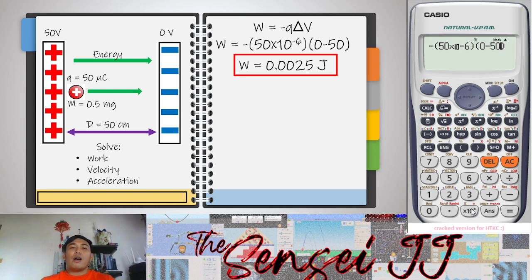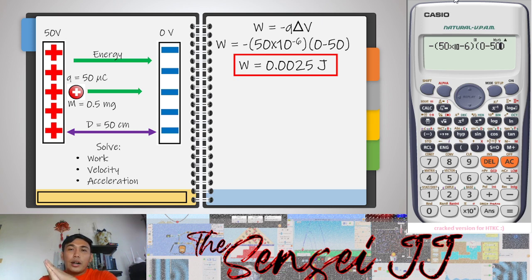We have here our first position, or our point A, to be our positive charged plate. The direction is going from positive to the negative charge, which means our second or final position will be at the negative charge plate, which has a value of 0 voltage. If it is 0, that is the final position.